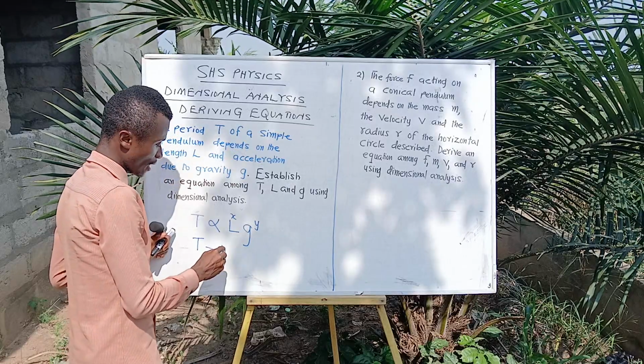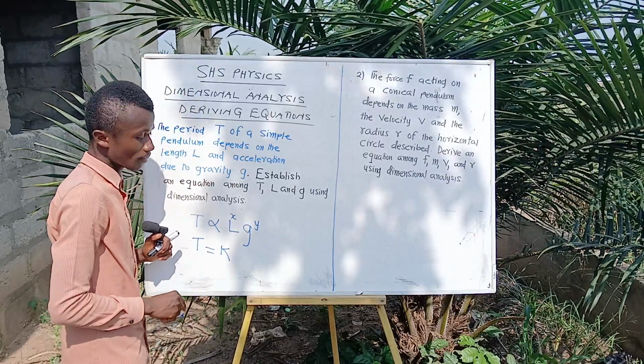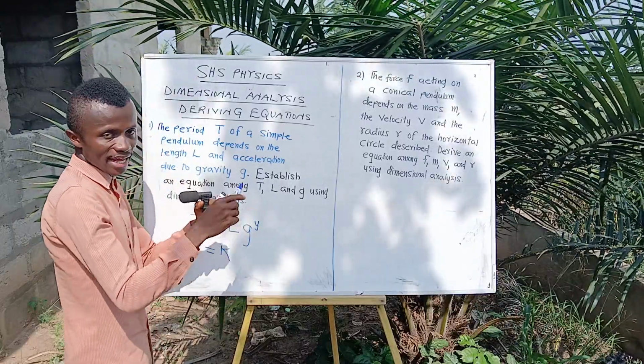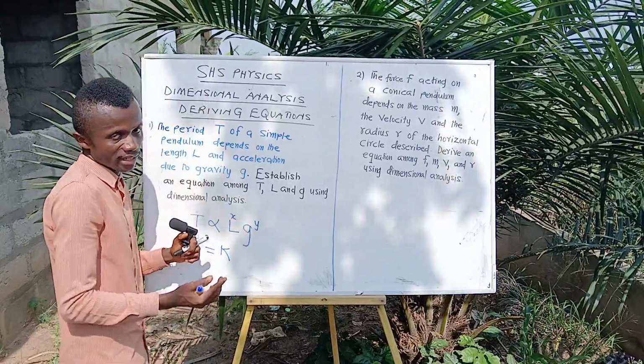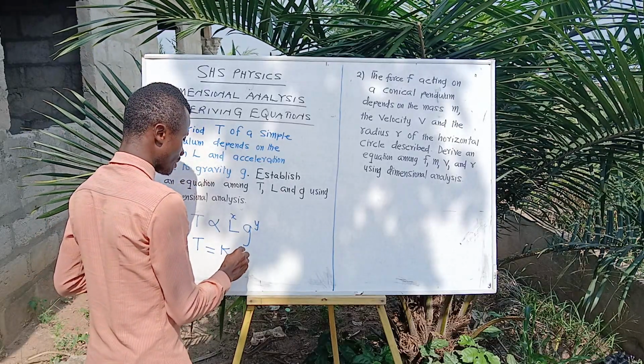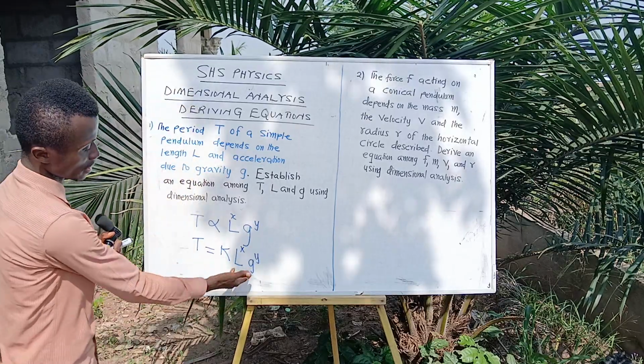Then you bring a proportionality constant k, which is dimensionless. It could be 2, it can be 2 pi, it could be 3, it could be any number at all. But it doesn't have any dimension. So L to the power x, g to the power y. That is the second step.